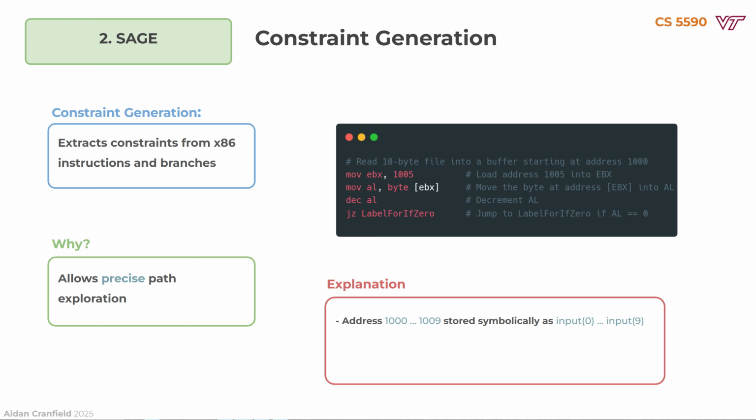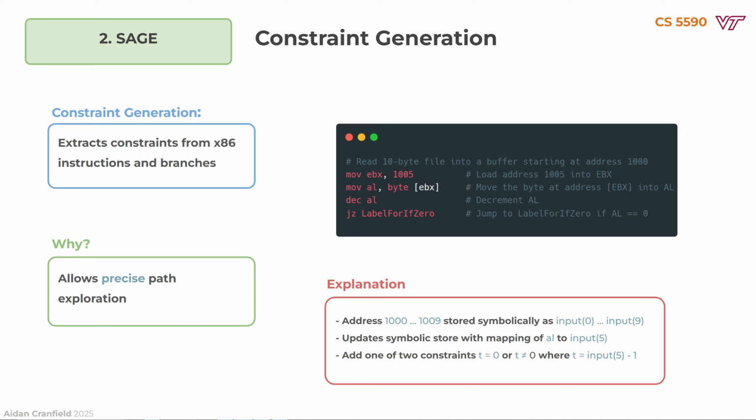And then the byte address that corresponds to 1005, you can see the register AL holds the input 5 symbolically on the third line down. And after executing this, that AL register holds input 5 symbolically. Then it will add one of two constraints, t equals 0, or t does not equal 0, where t equals the input minus 5.